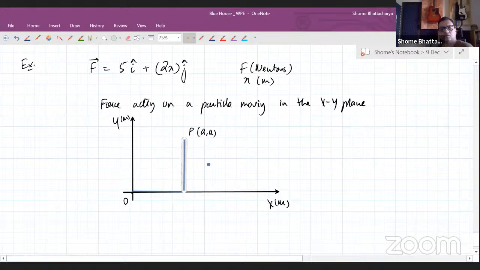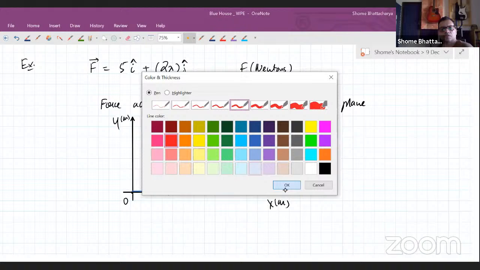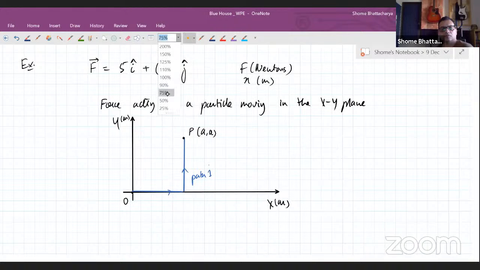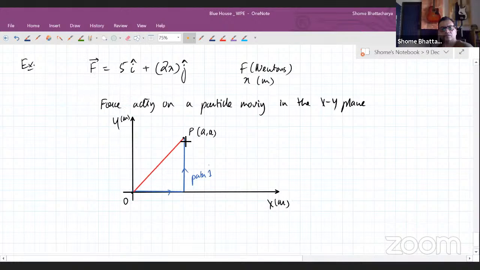But our second path is the direct straight line. So this is path 1, and let's take the second path as the direct straight line like this. Okay.